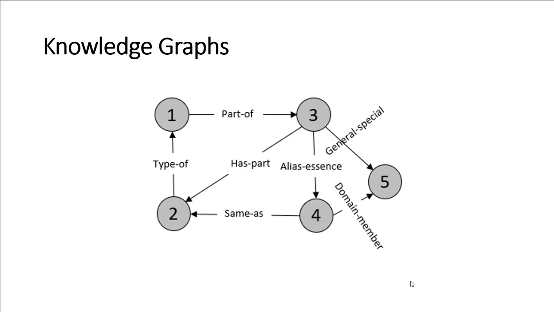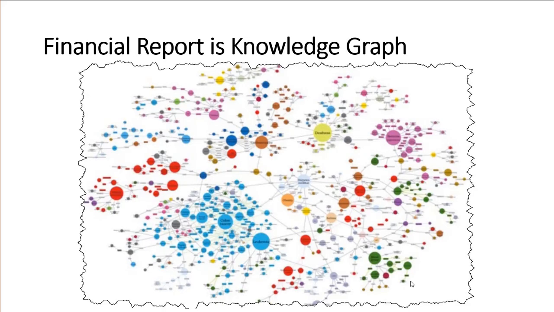So a knowledge graph is a way to store knowledge. The reason the knowledge graph is so interesting is that it's intuitively and innately understandable to people. People draw circles and arrows and connect things on whiteboards all the time, and that's all a knowledge graph is. So a financial report is a type of knowledge graph.